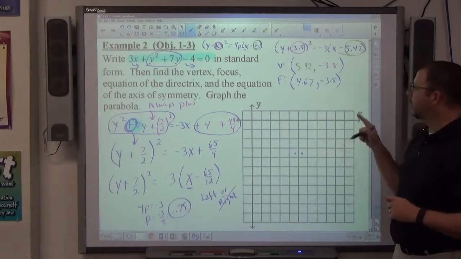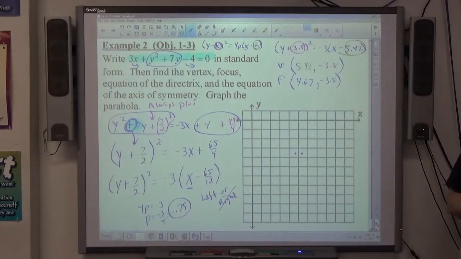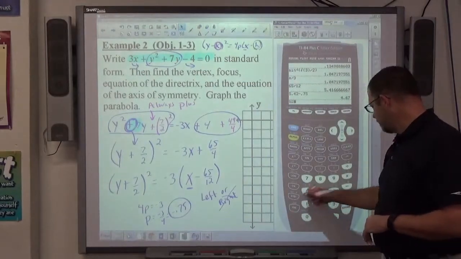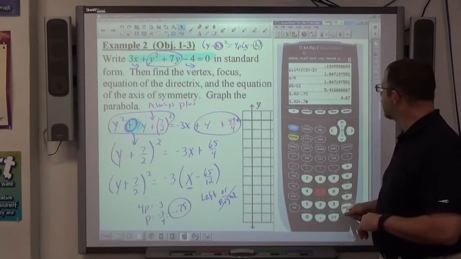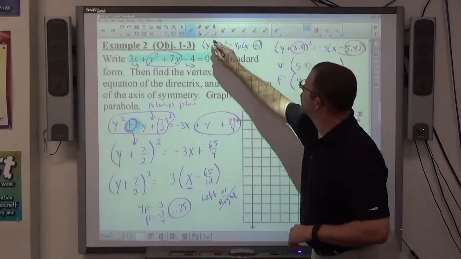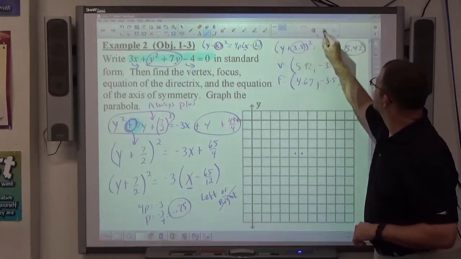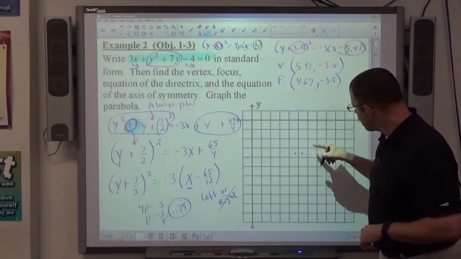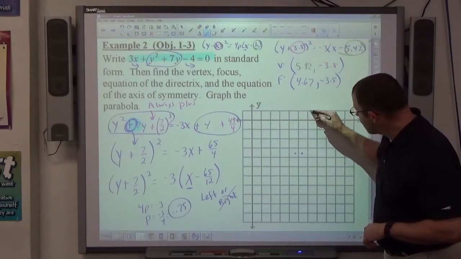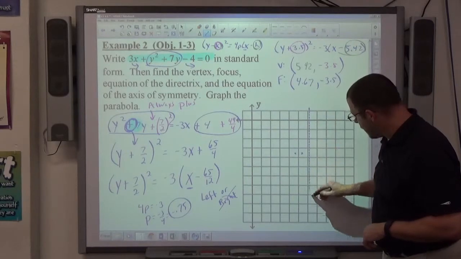How much is 0.75 bigger than 5.42? 5.42 plus 0.75 equals 6.17. So 6.17 is where the directrix is. So 1, 2, 3, 4, 5, 6, and a sixth, basically, there's my directrix.